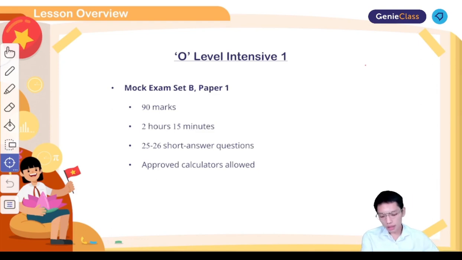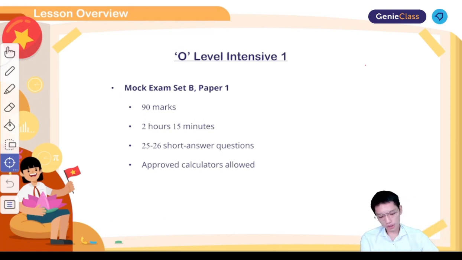Let me go through some of the questions that I have picked that I feel are interesting, in fact not so commonly tested. Some of the questions may be quite simple, but because they are related, I'm linking all of them.